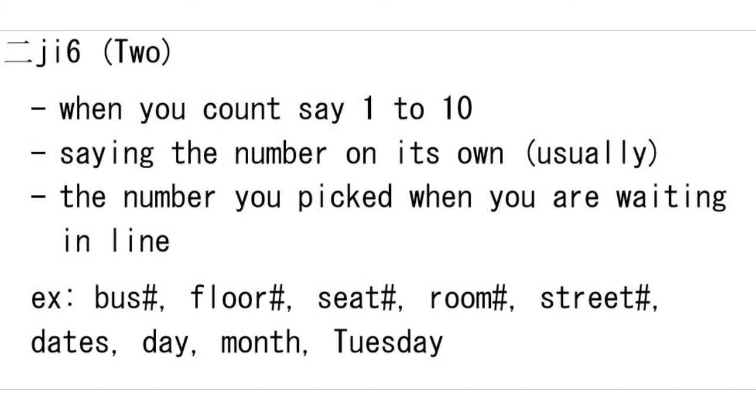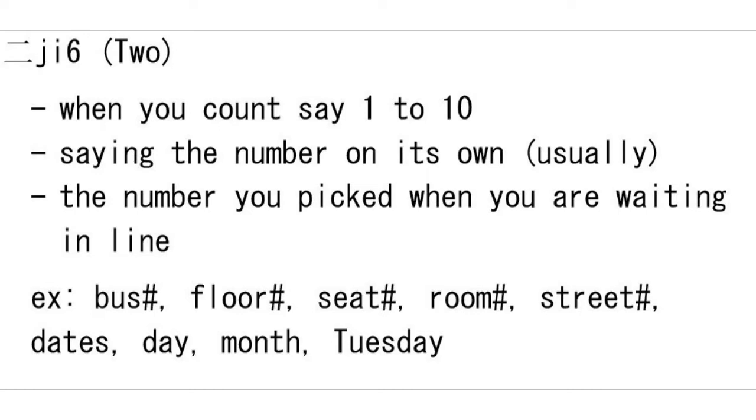So here are a few situations where you might use the word yi. Say when you're counting from 1 to 10, we did a video on that. Say like 1, 2, 3, 4, 5, 6, 7, 8, 9, 10, then you'll use yi. So another example, saying the number on its own, usually you use yi. And the number you picked when you're waiting in line.